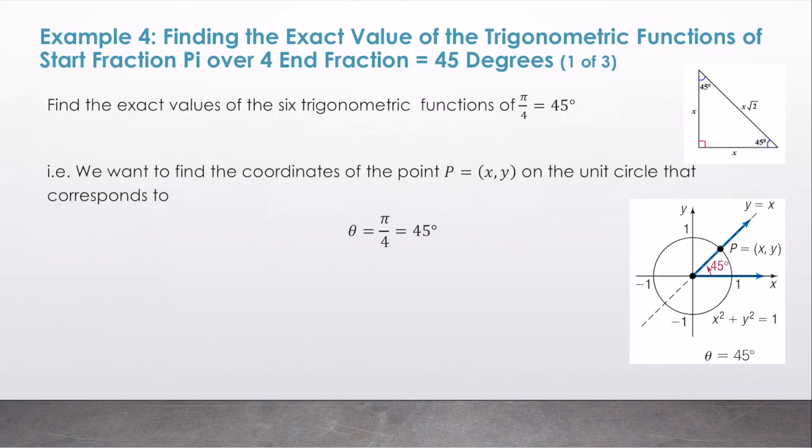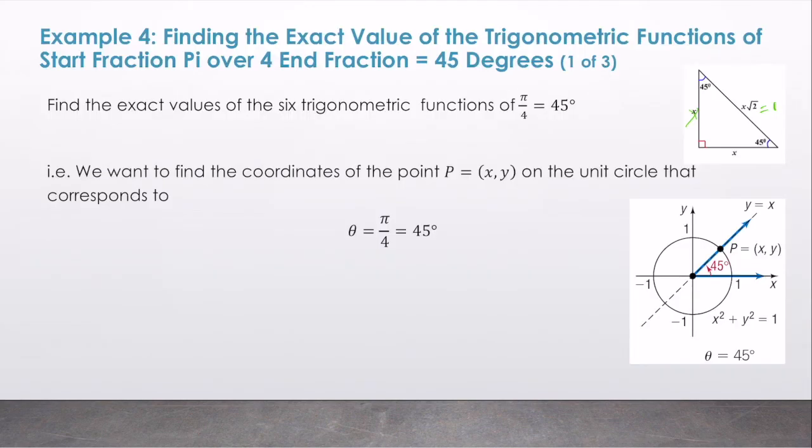So how do we find the exact value of trigonometric functions? Well, for 45 degrees, we're going to use the 45-degree special triangle, right? We've had this special triangle we saw in geometry with side lengths x and hypotenuse x square root of 2. Well, I have to set the hypotenuse equal to 1 and solve, right?